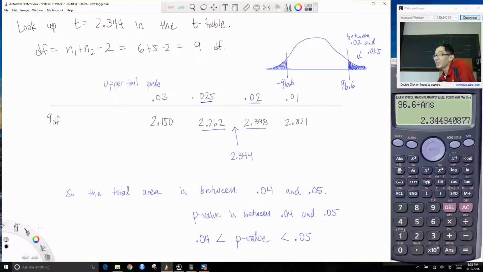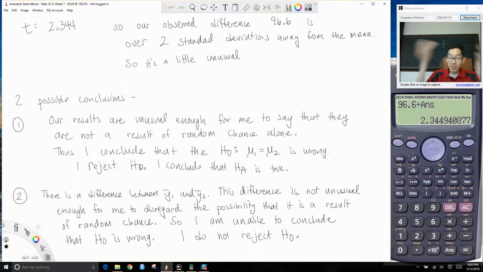And you got to make a choice, all right? If somebody says, okay, you used up all of our lab's money for cutting up these rat brains and studying their norepinephrine, what conclusion do you come to? You got to say, well, the p-value was between 4 and 5%, so I'm ready to say that they're unusual enough that the result I got wasn't a result of random chance. I'm going to conclude that toluene has an effect on norepinephrine concentration.